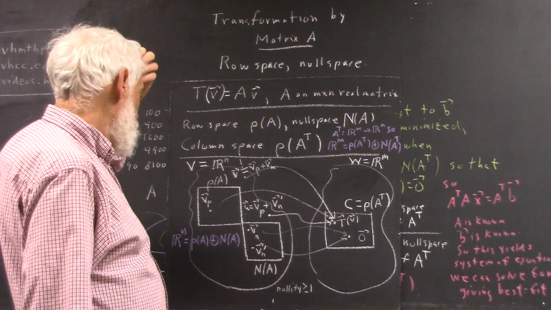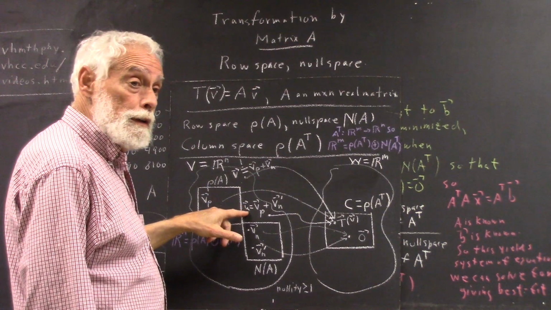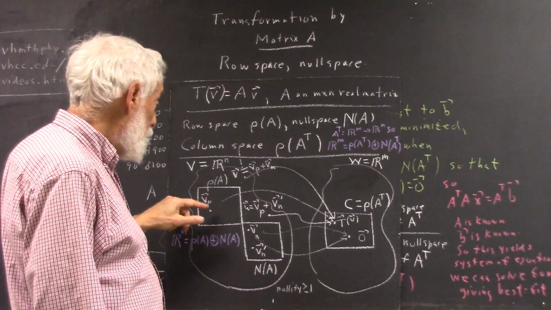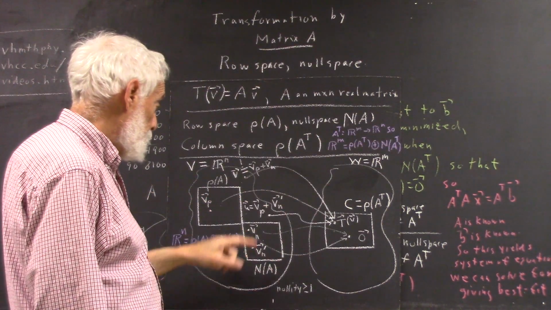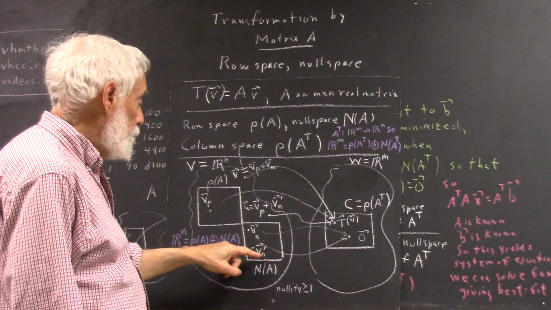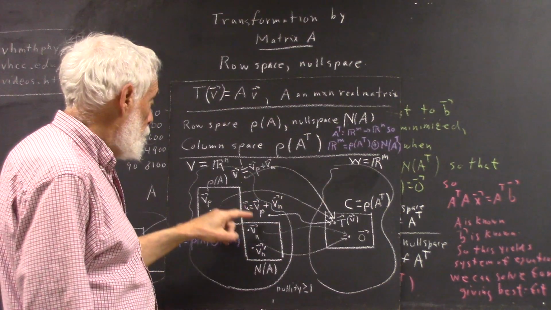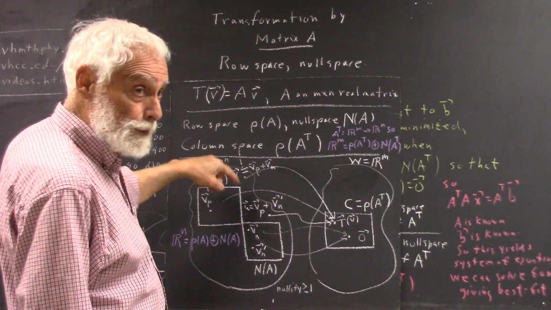Similarly, if U is a sum of the same v_row with some other vector in the null space, which we'll call v_n prime, then U is not equal to v, because this is a unique sum.